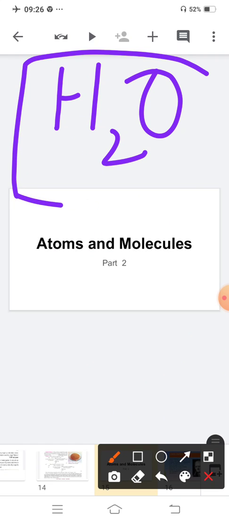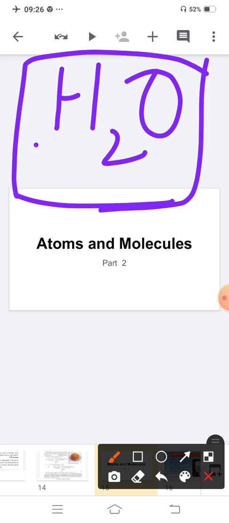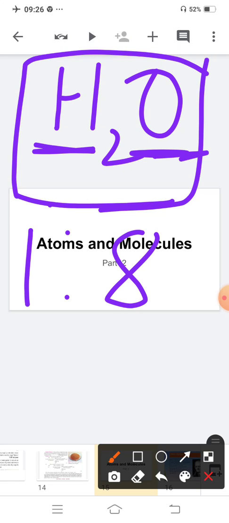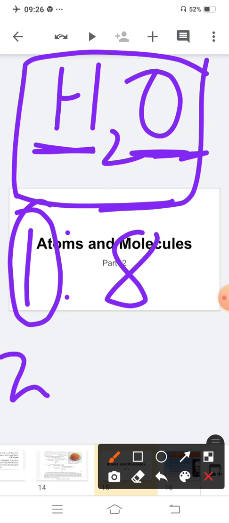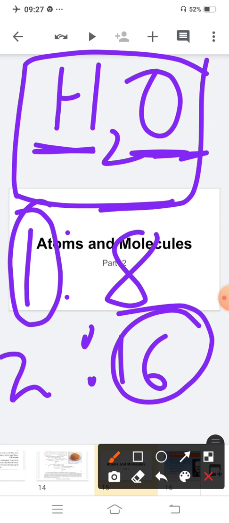Our second law was the law of definite proportion. That means if you want to make a water molecule, the ratio of hydrogen and oxygen will be constant. The ratio should be 1:8. If you are taking 2 parts of hydrogen, then you have to take 16 parts of oxygen.